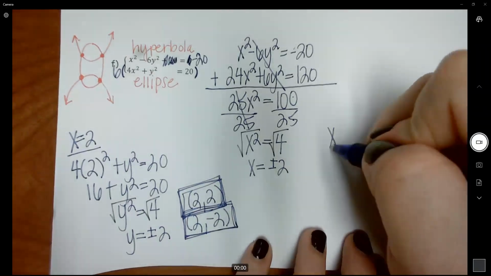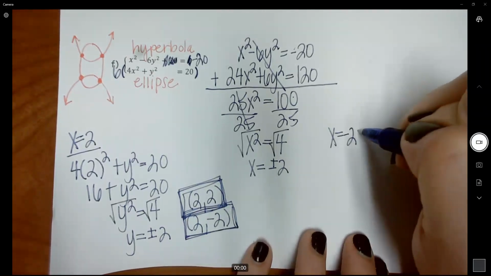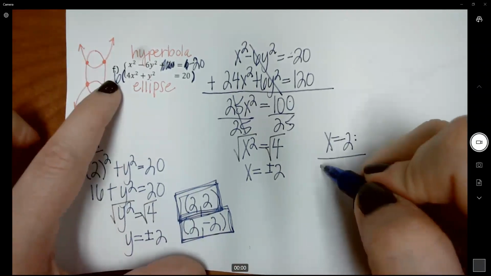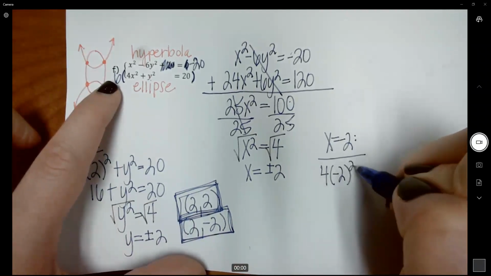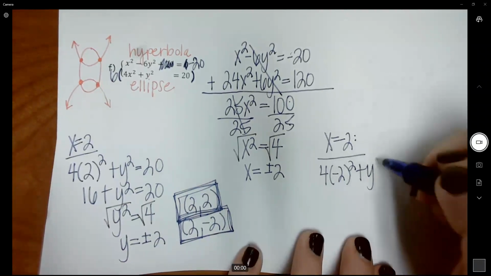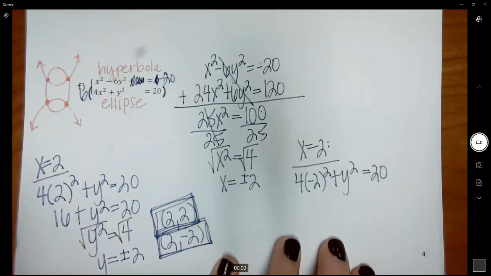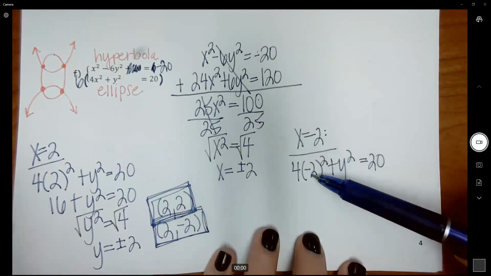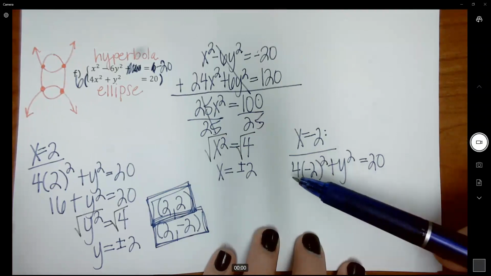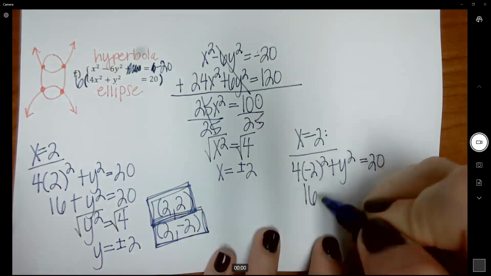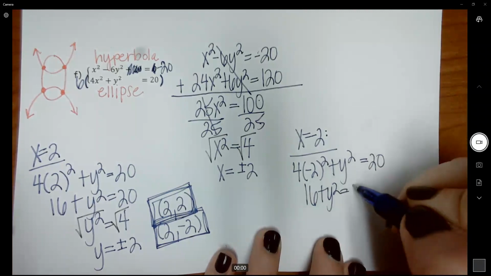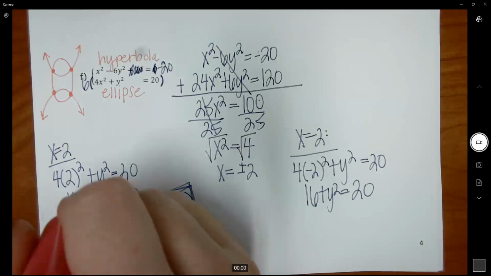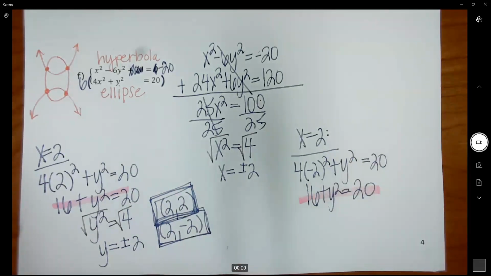So let's see what happens when x is negative 2. I'm going to plug it into the same one. So we've got 4 times negative 2 squared plus y squared equals 20. Again, order of operations tells me exponents first. So negative 2 times negative 2 is positive 4 times 4 is 16. And what do you notice here, guys? I got the same equation.